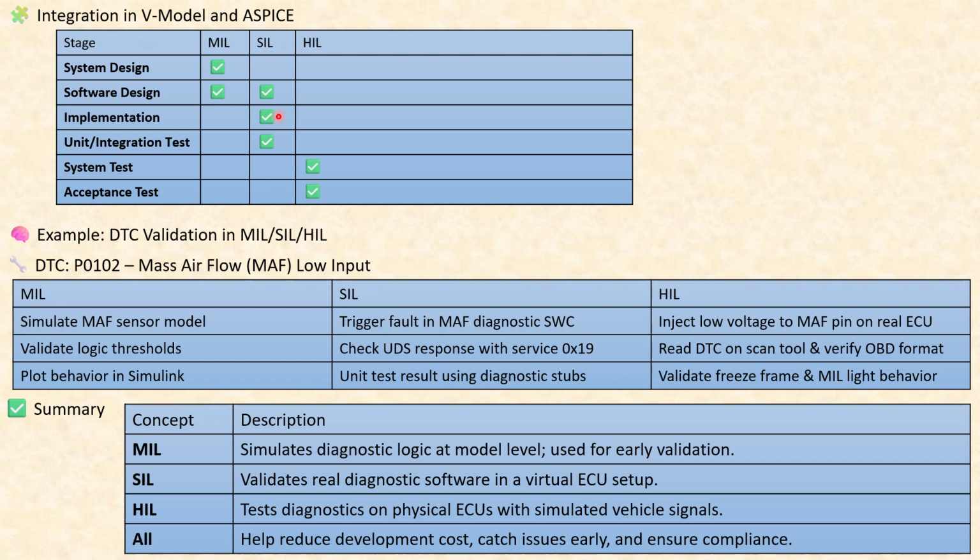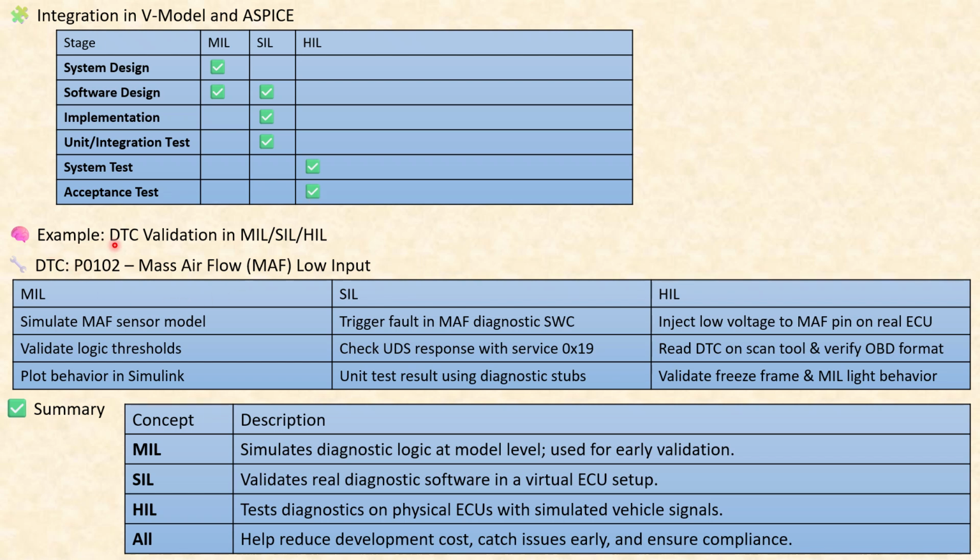It is clearly mentioned in this tabular column. Let me reiterate, to get a thorough understanding of the V model, you have to do a lot of homework. Once you get a clear command of the V model, you will clearly understand where exactly MIL, SIL, and HIL are playing an active role.